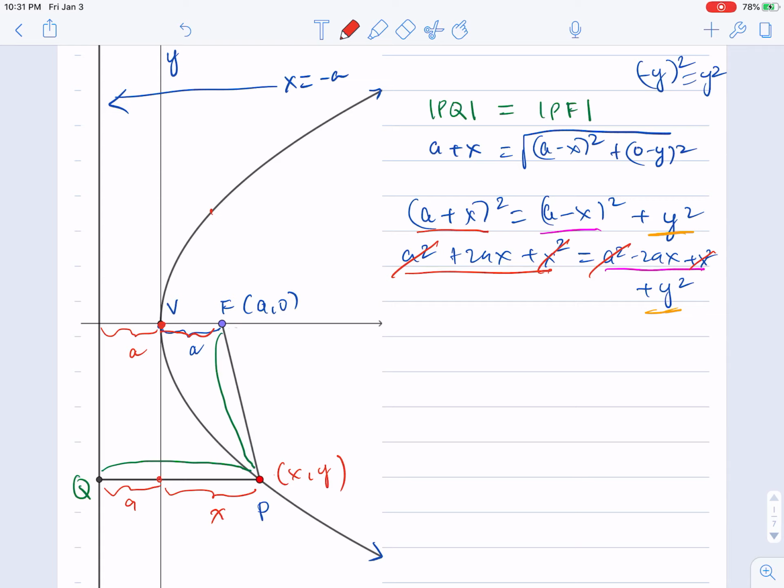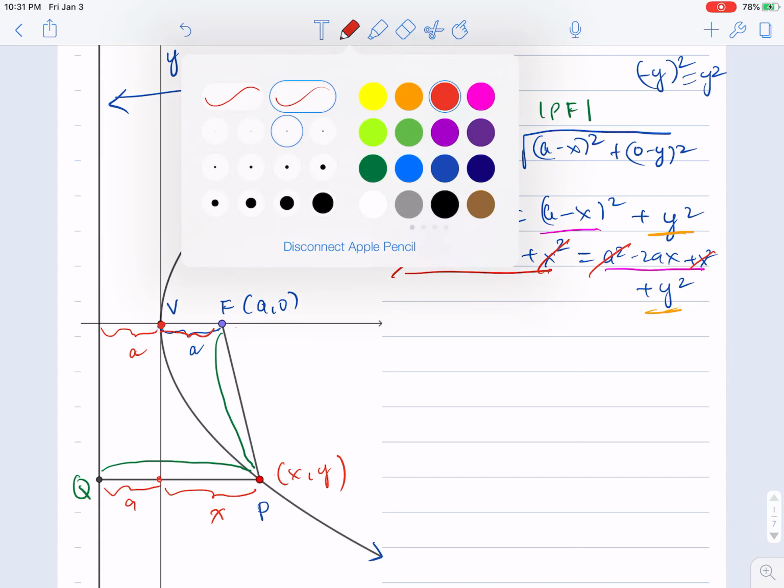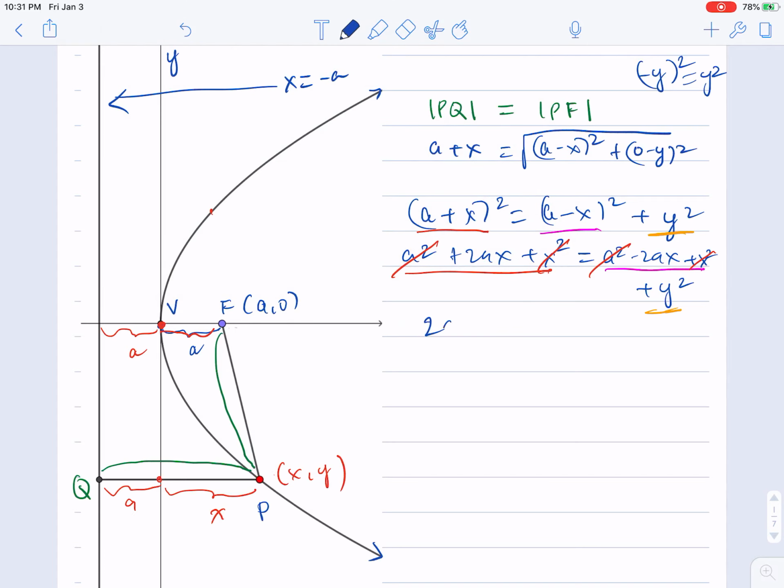Ang matitira na lang, hindi over to hindi to division, plus yan by the way. Naka-plus yan, wala lang space. So magiging 2ax, no? 2ax na lang natira sa kaliwa, and then negative 2ax plus y squared.